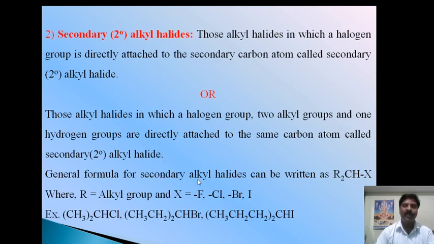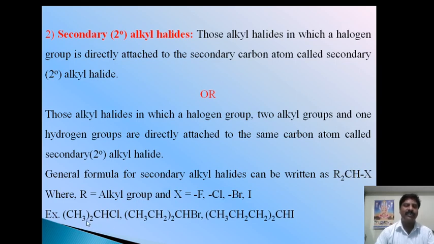The general formula for secondary alkyl halide can be written as R2CHX. Here 2 R groups are there and CH will be there. This carbon atom is surrounded by 1 hydrogen, 1 halogen and 2 alkyl groups, hence it is called a secondary alkyl halide.